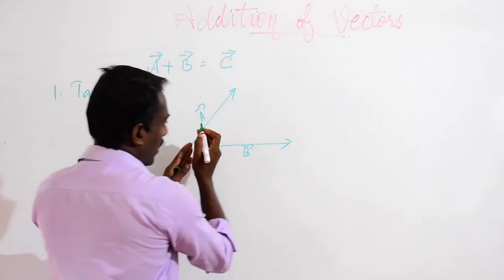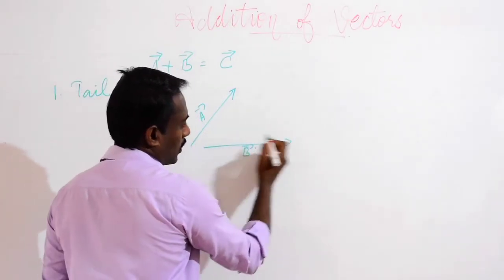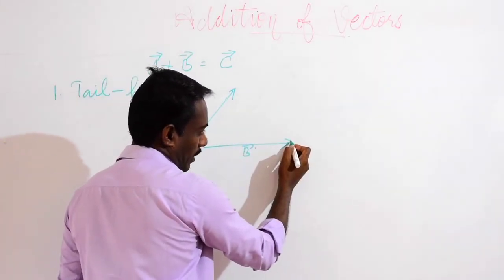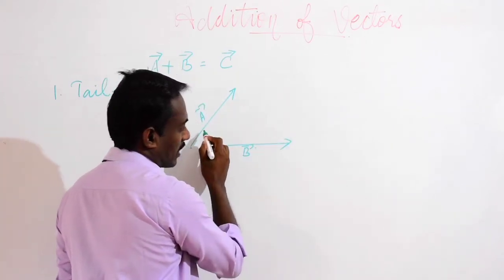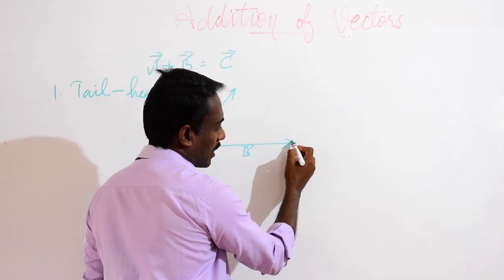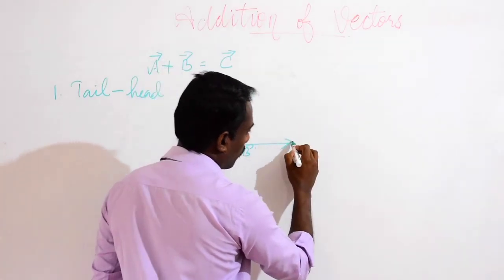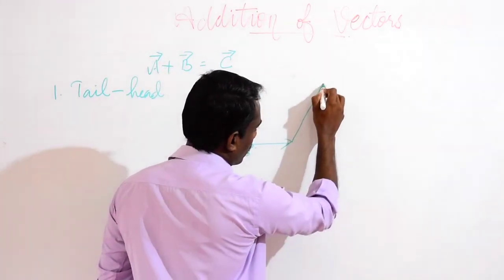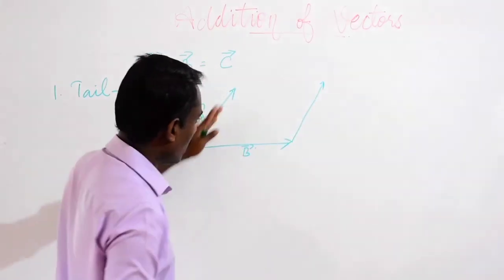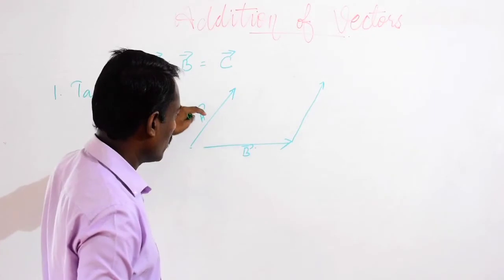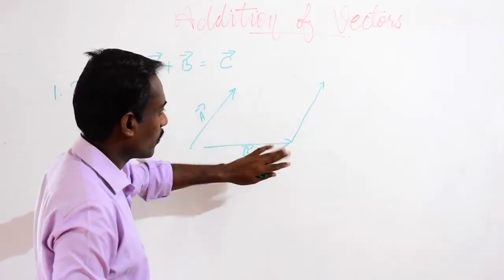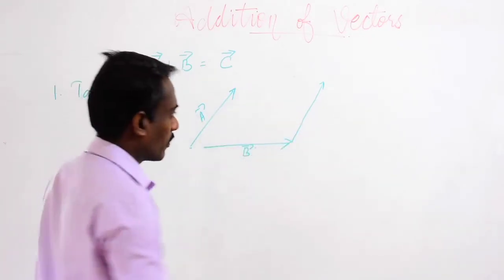We parallelly move it to the head of the vector B in such a way that the tail of the vector A coincides with the head of the vector B, like this. Make sure that there is no change in the direction of these vectors before and after moving.